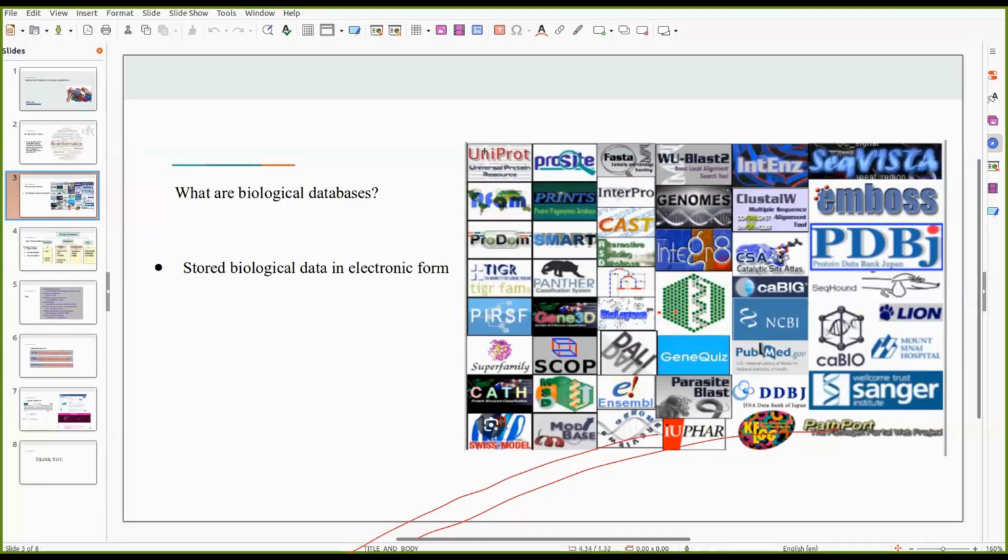Then another one is UniProt. UniProt has almost all the proteins, including those that have probably not even been crystallized. They have the FASTA sequence of most, or I will say all, proteins.